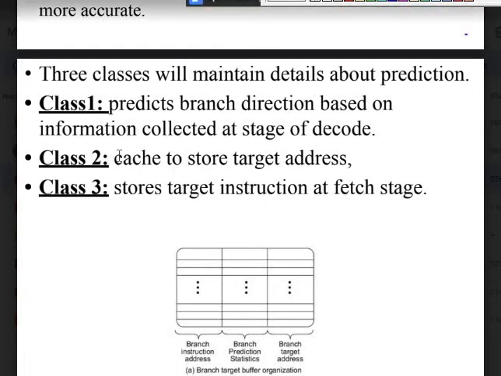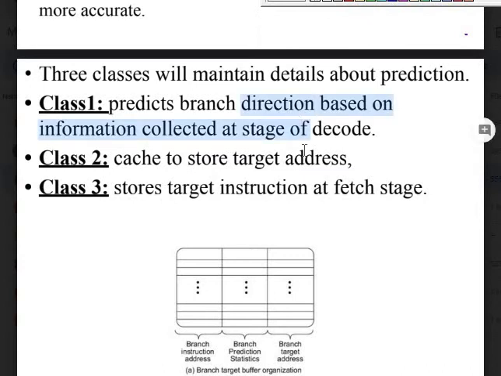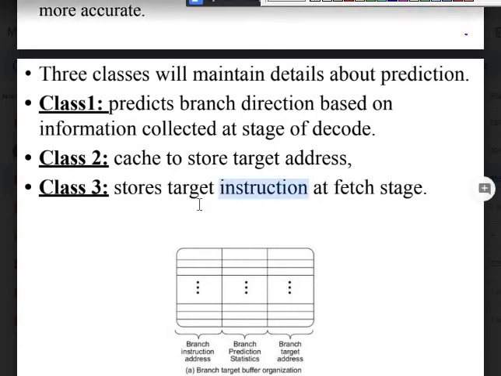Jump means branch. The second is where to jump. The third is, once the jump is successful, which instruction should be fetched. These three pieces of information are compulsory to predict the branch.